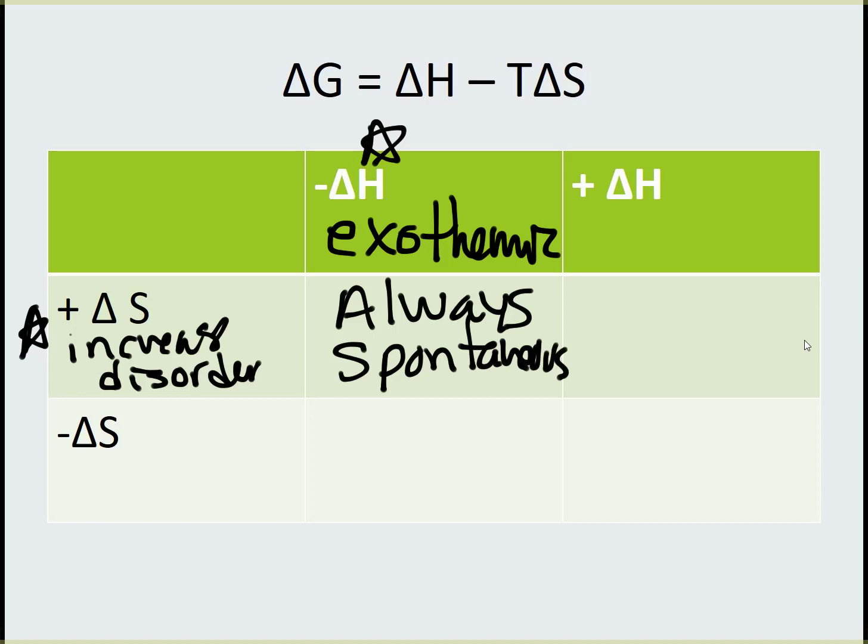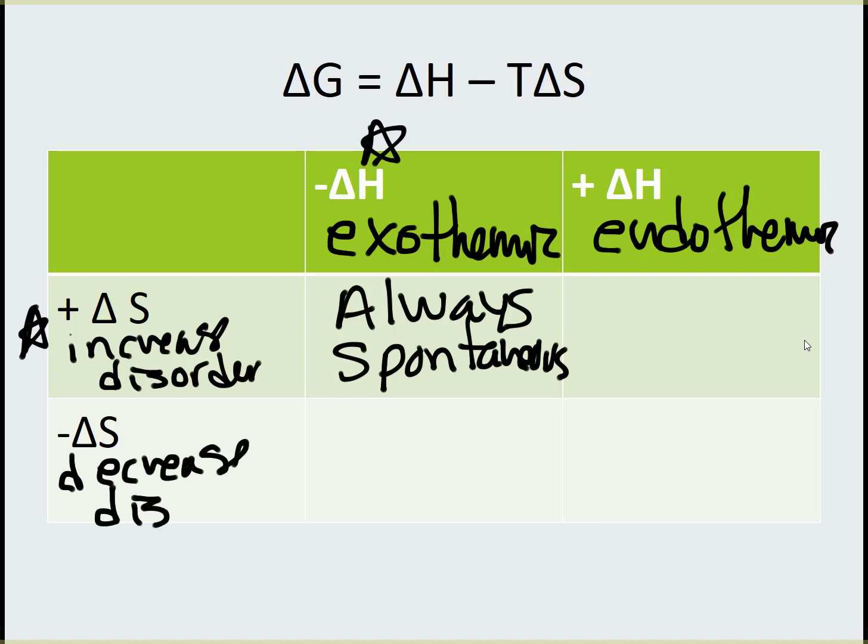Well, what happens if you have the opposite? If you have an endothermic reaction or you have a decrease in disorder? In this combination, this will be never spontaneous.